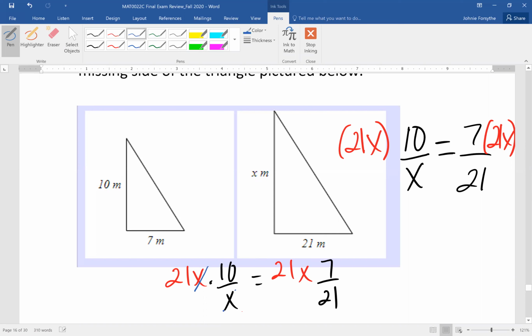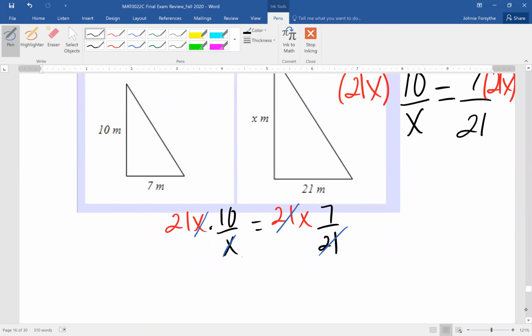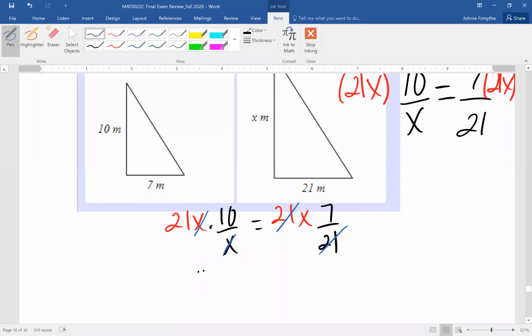The x's will cancel on the left side and the 21s will cancel on the right side. So then what I'll have is 21 times 10, which is 210. And then x times 7 is 7x.